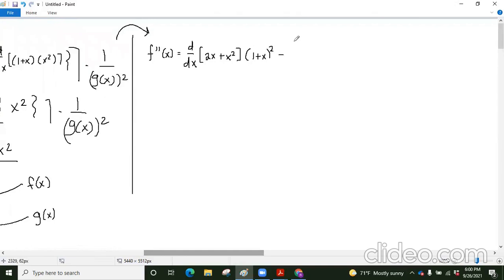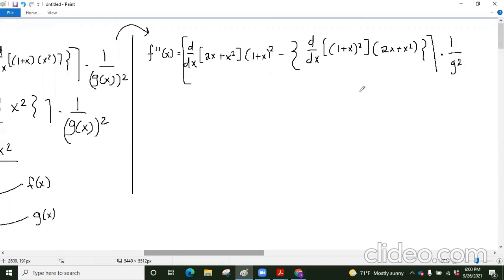And then we subtract from the derivative, so d over dx of 1 plus x squared, this time g of x, multiplied by 2x plus x squared. And we'll do that multiplied by 1 over g of x squared.